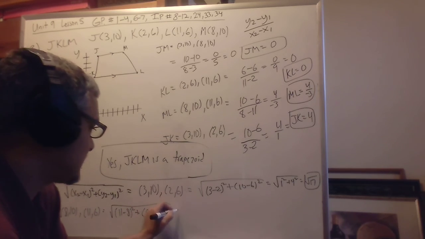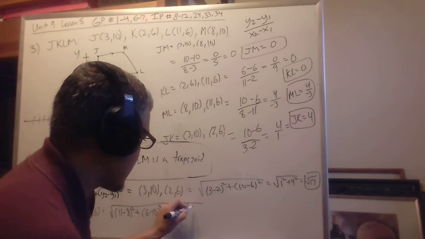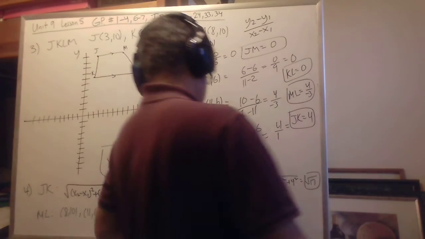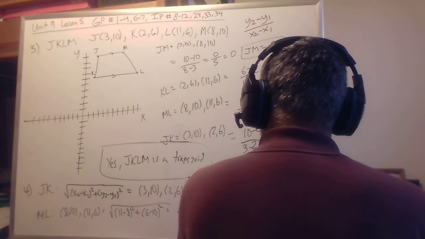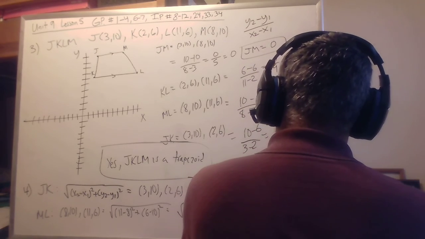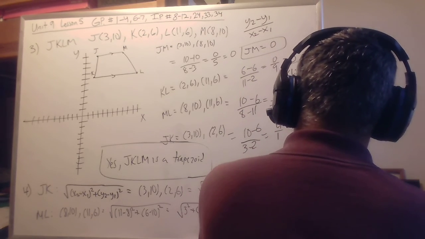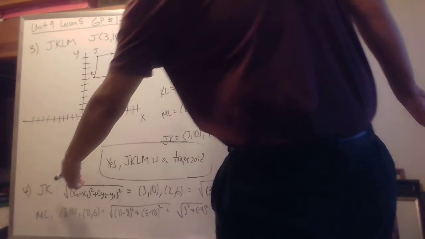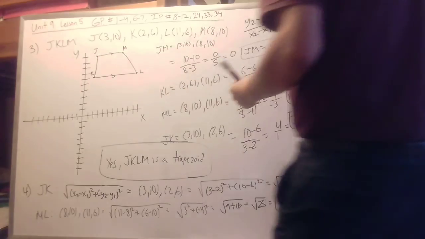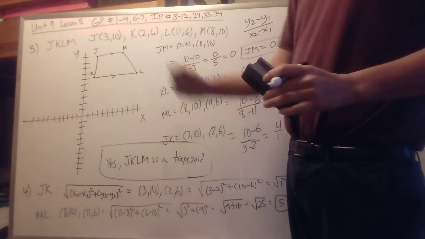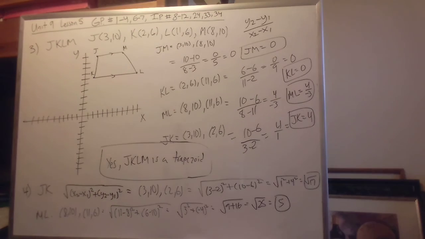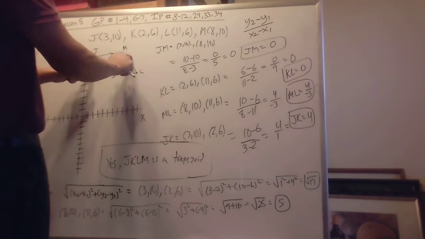And that's going to give us the square root of 3 squared plus negative 4 squared, which is the square root of 9 plus 16, which is the square root of 25, which is 5. So since the distance of JK does not equal the distance of ML, this is not an isosceles trapezoid. We can't say that these two sides are congruent.